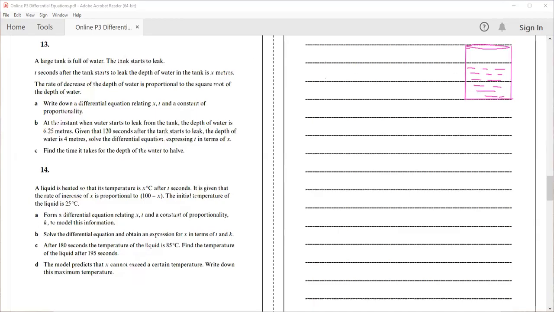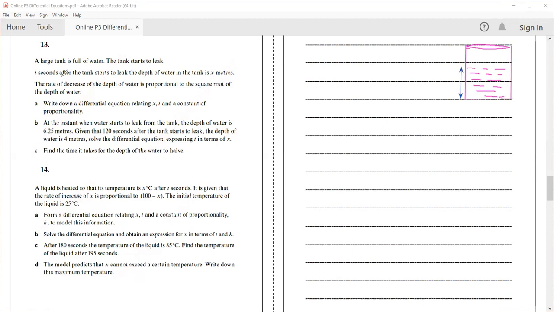T seconds after the tank starts to leak, the depth of the water in the tank is X meter. So that's the scenario. This height is given, that is X meter. Depth means always from the bottom to this level. So that depth is shown with the blue marker, and that depth is given as X meter.